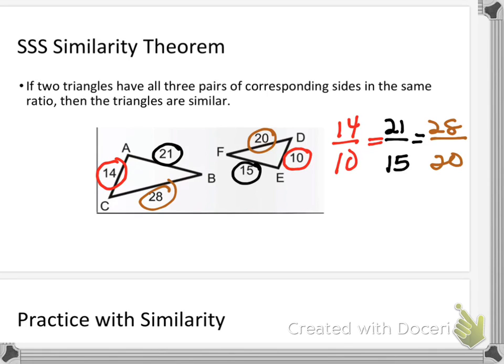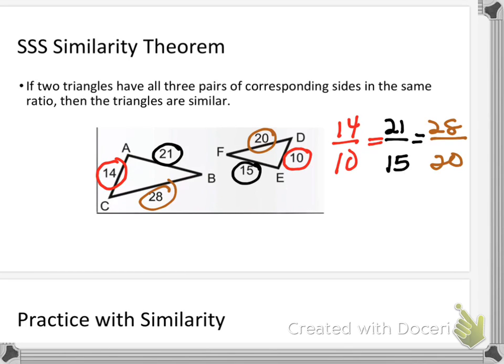You have some options. You could go ahead and reduce them so that you have it in simplest form, but probably the quickest way to figure out if you have similarity is to get the decimal equivalent. So 14 divided by 10 is 1.4, 21 divided by 15, 1.4, 28 divided by 20, 1.4.